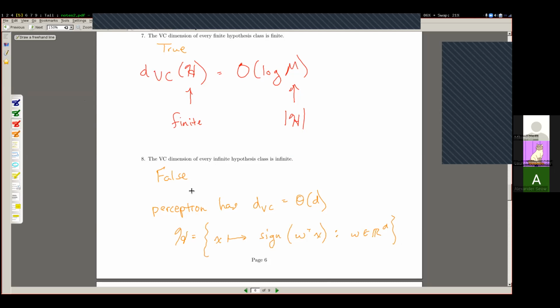So why is this an infinite counterexample? Well, this weight vector W can be any possible vector in R to the D, and R to the D is an infinite set. So the size of H is the size of R to the D, which is a very infinitely large set. Good question. Any other questions?